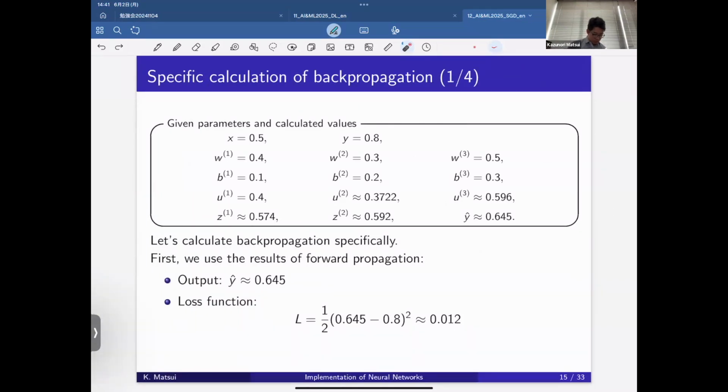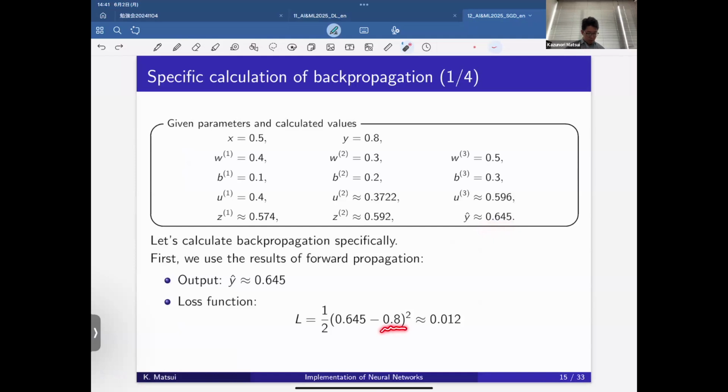Let's see how numbers are determined in the backpropagation method. The output is 0.645 from the previous result. So the value of the loss function is: 0.645 as the predicted value, while the actual value was 0.8.